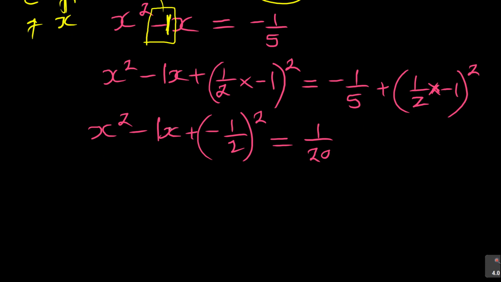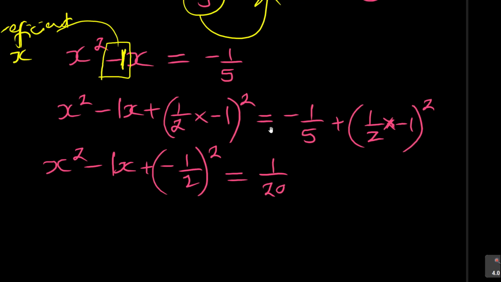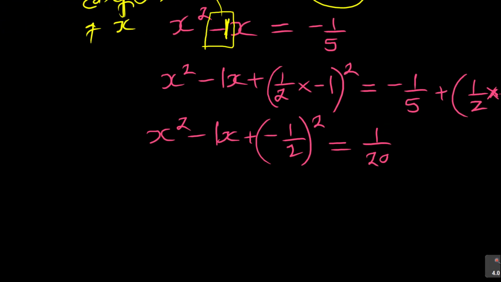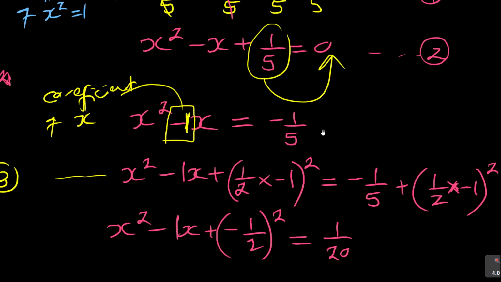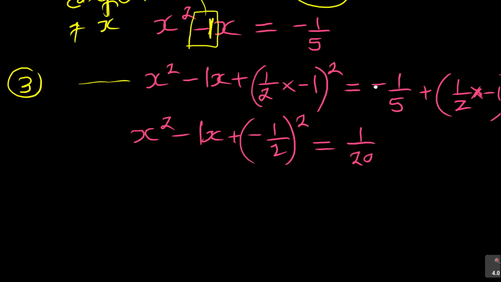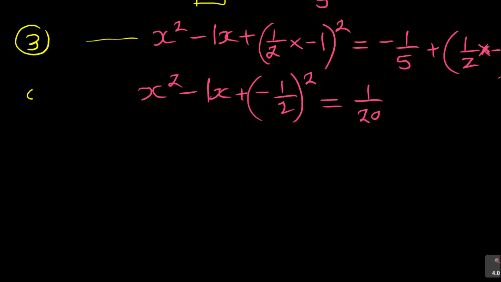Now, that's what completing a square means. Look at this. The most important step was step number 3, and after step number 3 we go to step number 4. Here, look at the square.